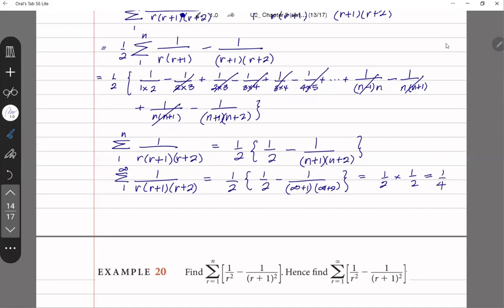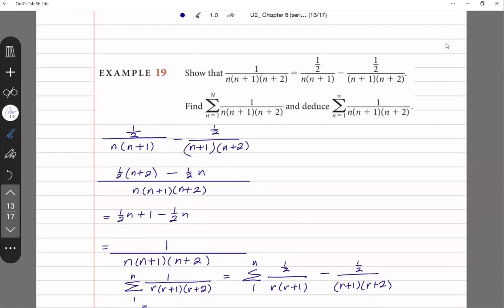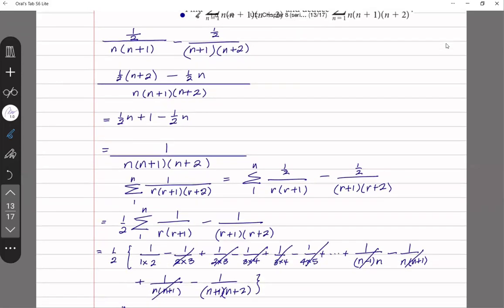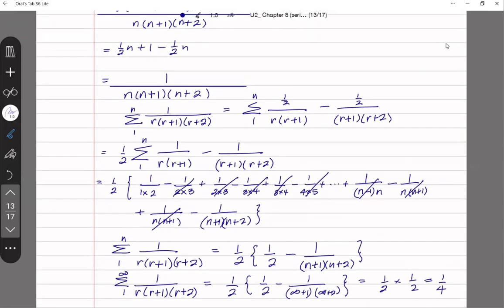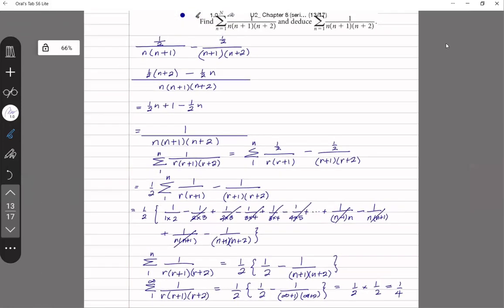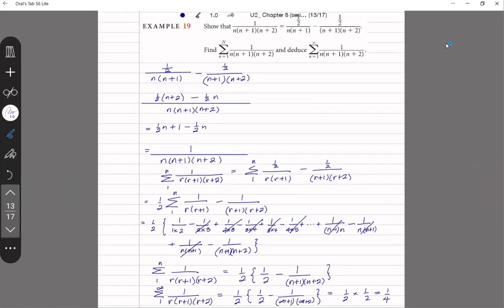The sum to infinity would be equal to a quarter. So we're asked to find the sum to infinity, and the sum to infinity, let's pull it down like that so you can see the entire thing.